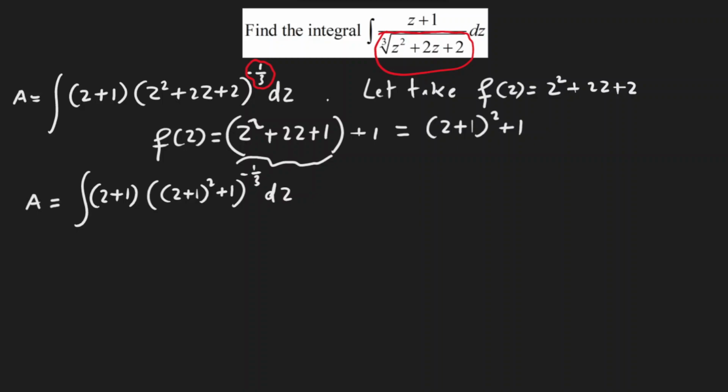Now, I would say let's take t, an auxiliary variable equal to z plus 1.